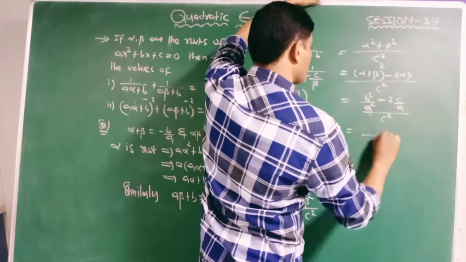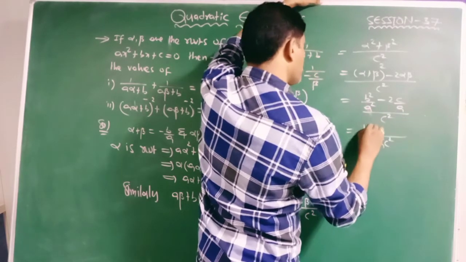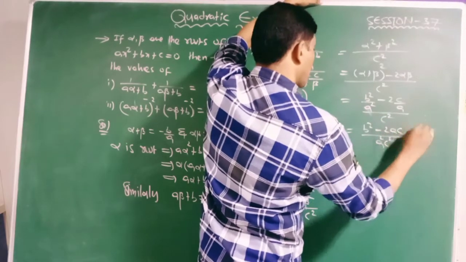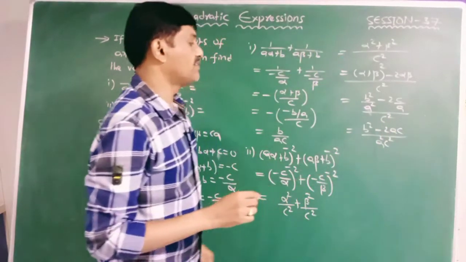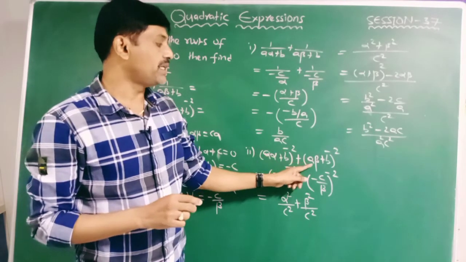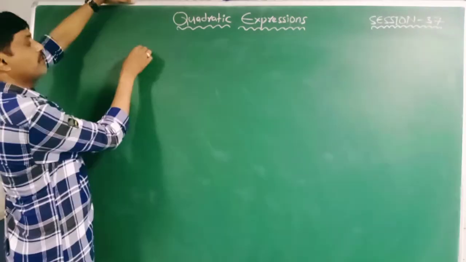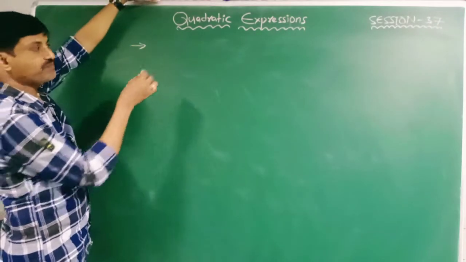Now the LCM is a square, so this is a square c square in the denominator, and the numerator is b square minus 2ac. This is the value of (a alpha plus b) whole power minus 2 plus (a beta plus b) whole power minus 2.